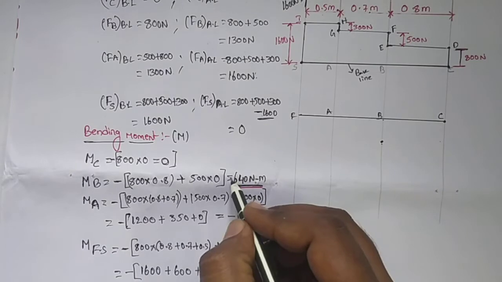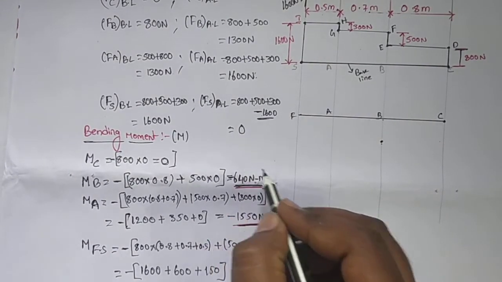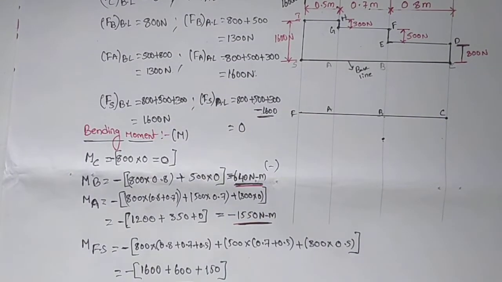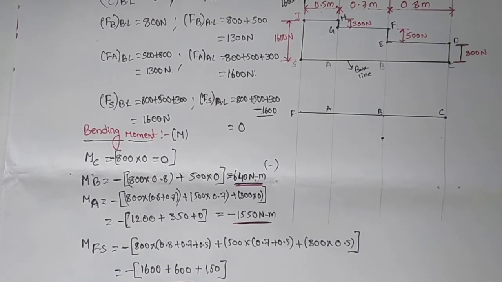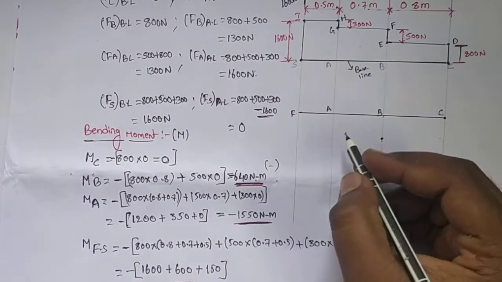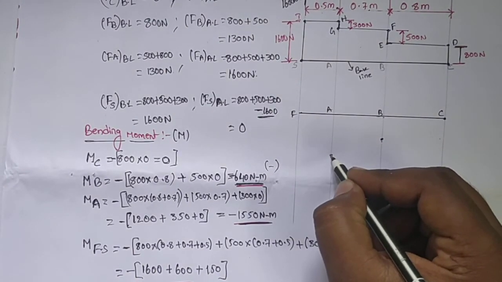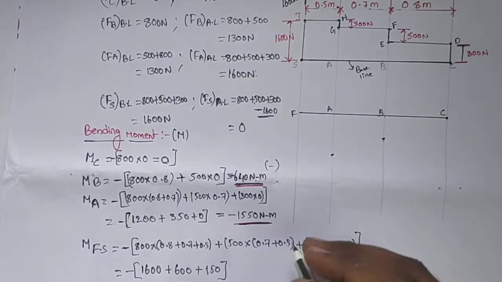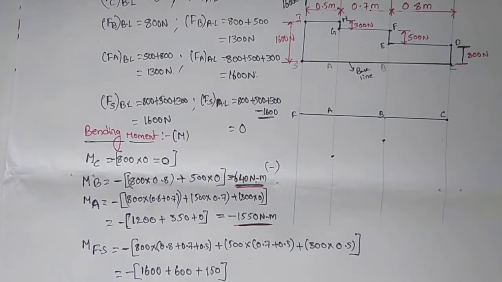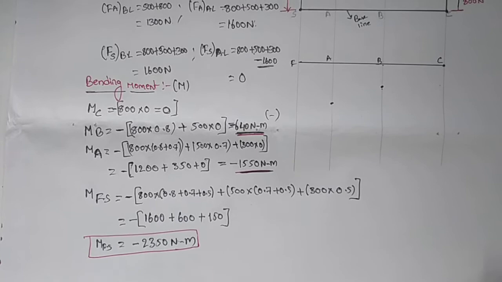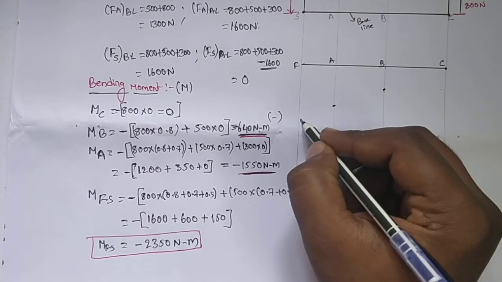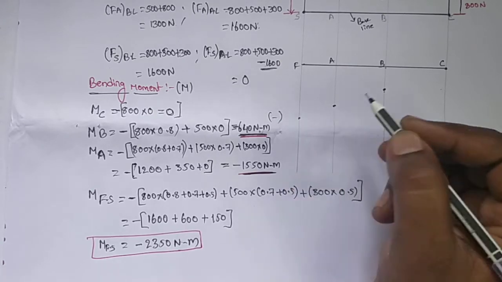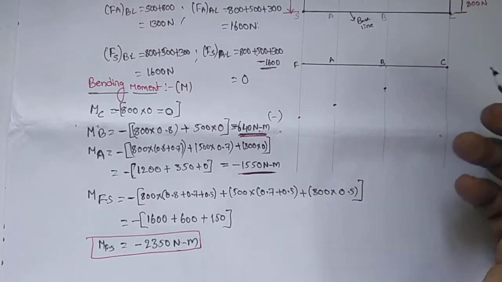Here the value is minus. It is minus value. So that minus values, negative values, we will draw below the baseline. Positive values we will draw above the baseline. Next, bending moment at fixed support. We got 2350. I'm taking the approximate value.